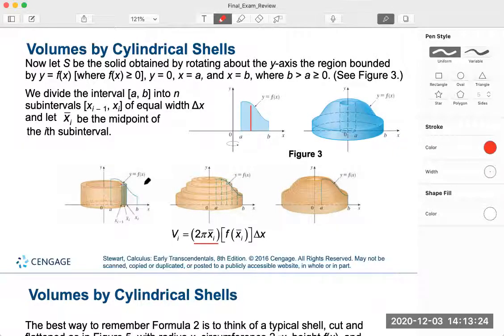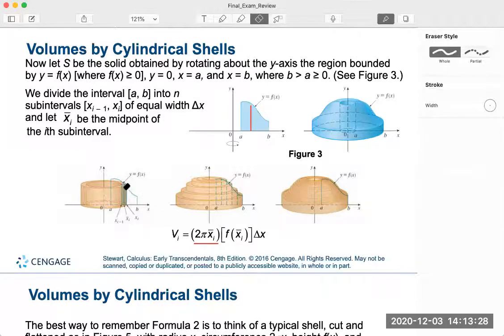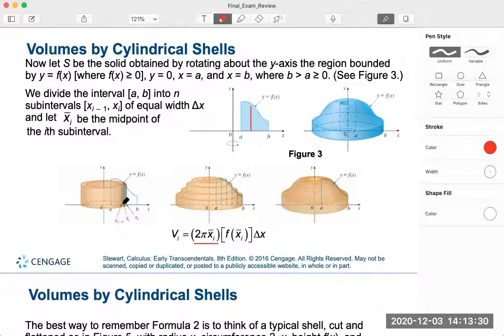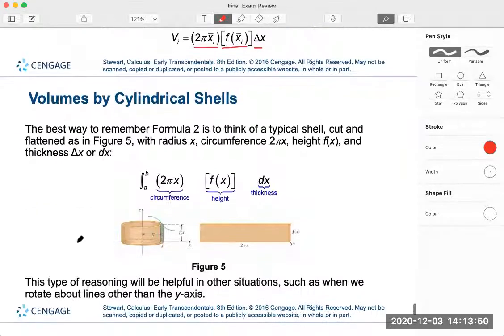The height in this case is the distance from the curve f to the x-axis, which is f of x, with thickness delta x. Then we use the integral properties, and finally, to memorize this, remember this figure.